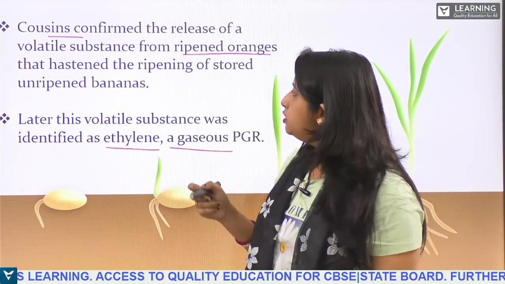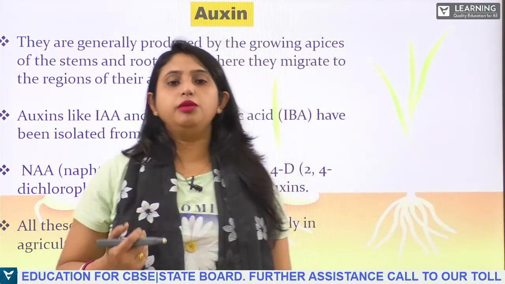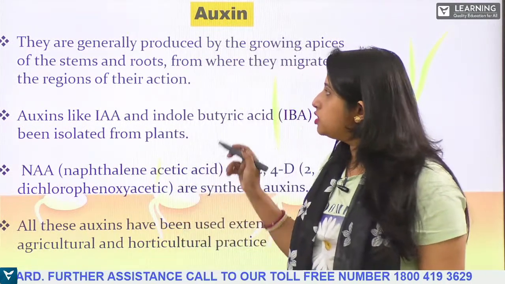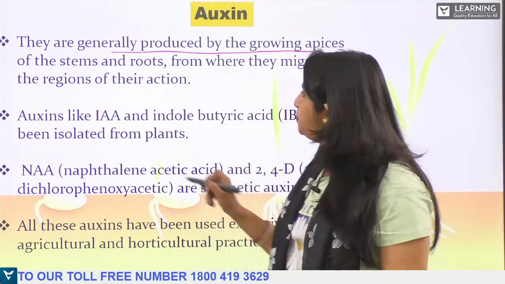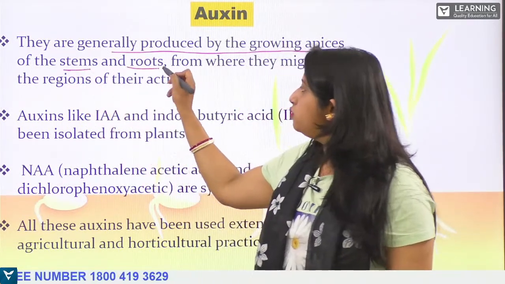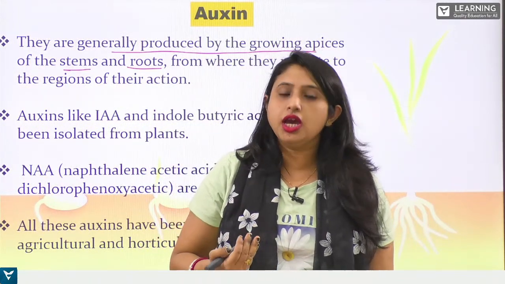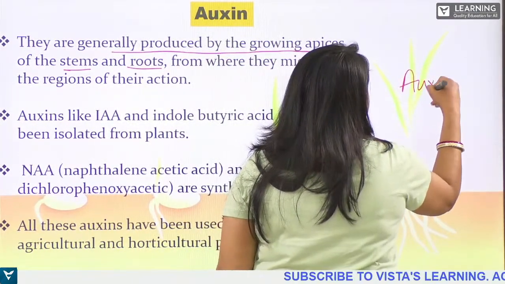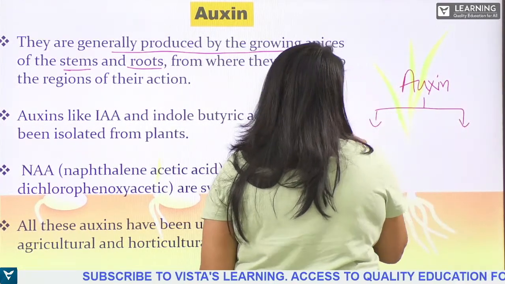Next, let us learn about the different plant growth regulators. First is auxin. So what is auxin? Auxins are generally produced by the growing apices of the stems and roots. Auxin is basically of two types, natural and synthetic.